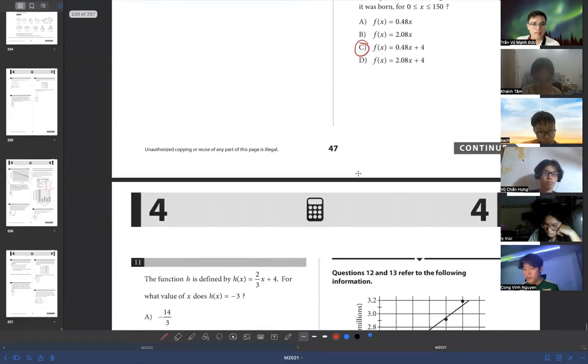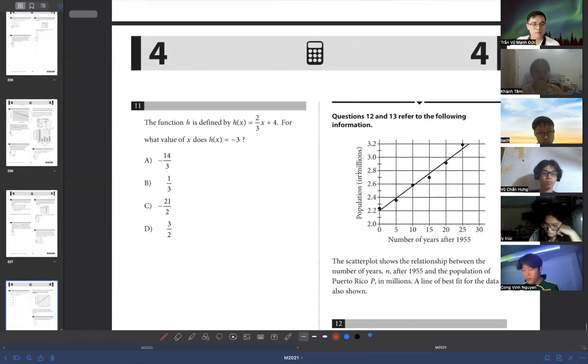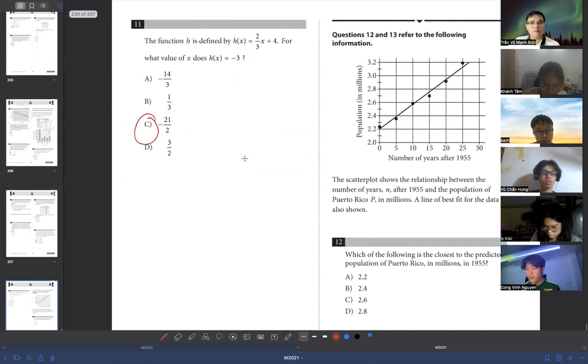Next up, 11. Mm, 11. D. C or D? C. C. Okay, forward. 12.